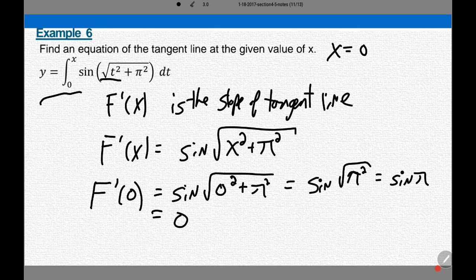Now we have to figure out what other point the tangent line goes through, so our y-intercept. When we do that, we're going to go from this value to have x as 0 for this integral. And if I have matching values there, guess what happens?